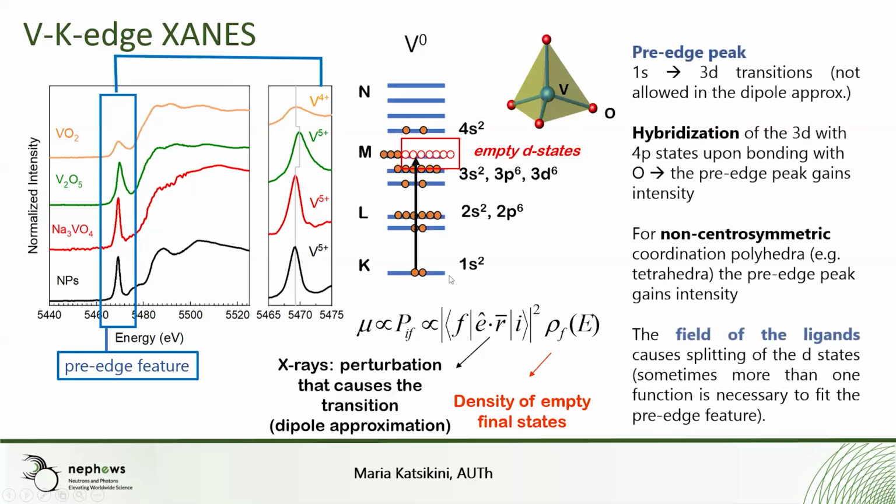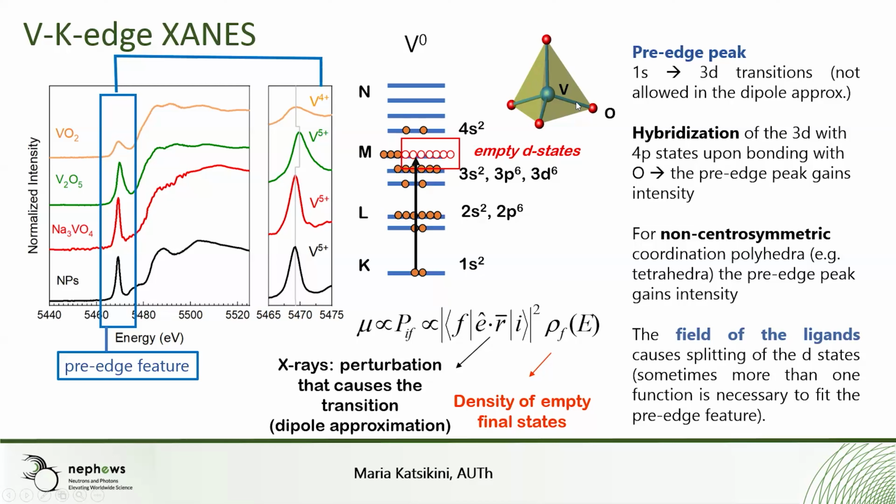This pre-edge peak is observed in the case of transition metals when they are bonded with oxygen, nitrogen, etc. The pre-edge peak is due to 1s to 3d transitions, which are actually not allowed in the dipole approximation, but become allowed due to hybridization of the 3d with the 4p states upon bonding with oxygen.